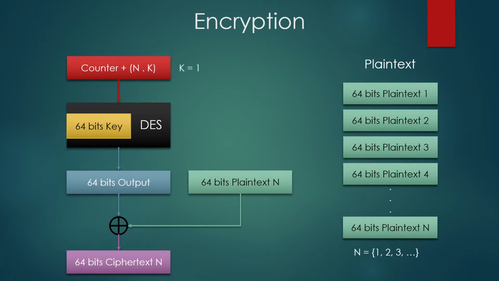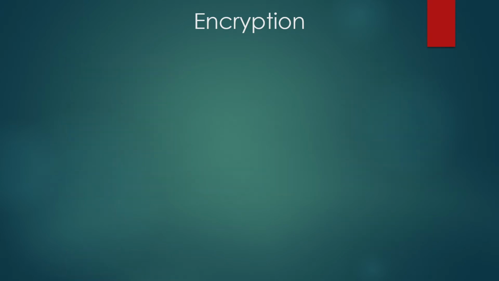Therefore, k equals 1. This counter will then be used as the input block for the encryption method to produce an output block, which then will be XORed with plaintext n to produce ciphertext n. We still have 22 bits left to encrypt.